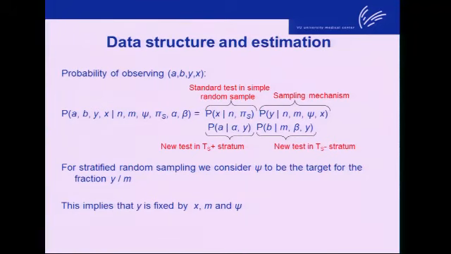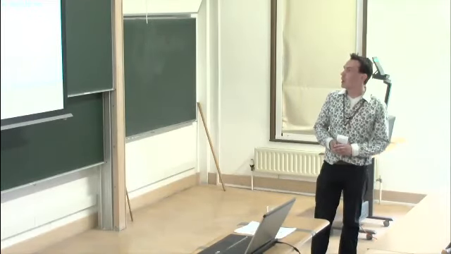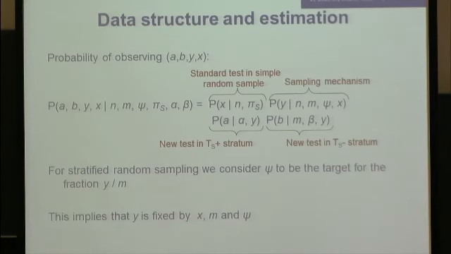First, x is sampled, and conditional on x, y is fixed, and then given y and alpha we have a and b. For this stratified sampling, we assume that as part of the design we specify a desired fraction of positive samples that we want to have in our total sample of m.